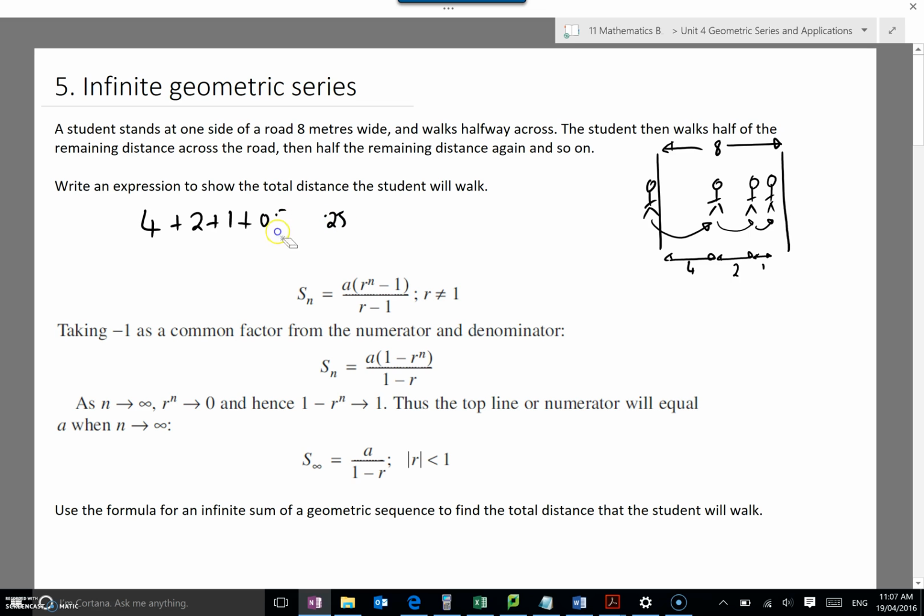I should probably use fractions. Sorry if you've written that already. Plus an eighth plus, and it keeps going on. To show that it keeps going on, put these 3 little dots here, to show that it continues on. This is called an ellipsis, and it means to continue on the same way.